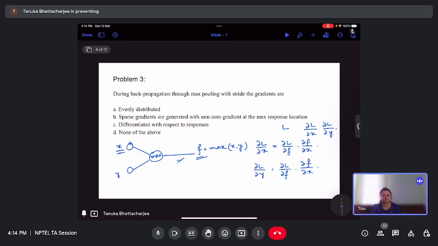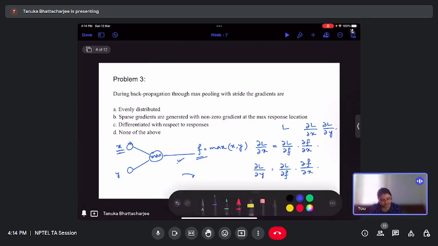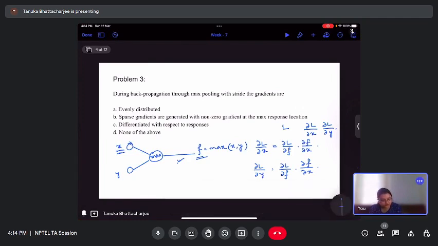So, let us say we are assuming that del L del f is some function g. So, if that is the case, then this becomes g into del f del x, and this becomes g into del f del y. So, now we have to compute del f del x and del f del y.